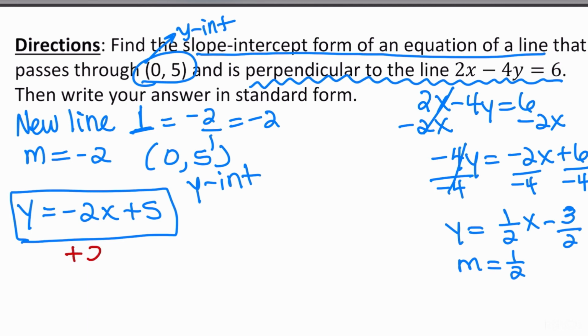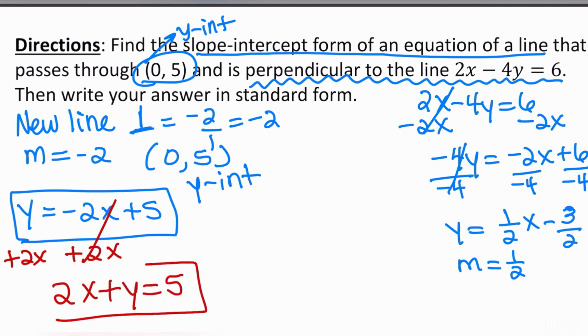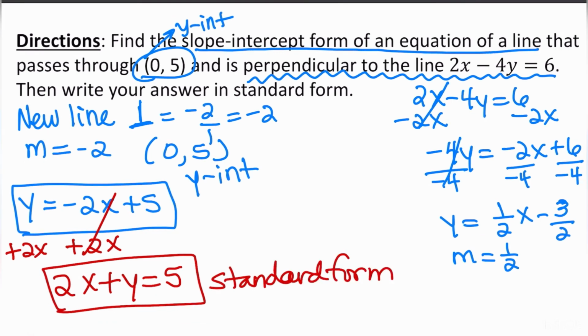I'm going to add 2x to both sides, and that's going to take care of the x becoming positive and the x and y going to the same side. So in standard form, I'm going to have 2x plus y is equal to 5. So this is my answer for the equation in standard form. And of course, the equation in slope-intercept form was y equals negative 2x plus 5.